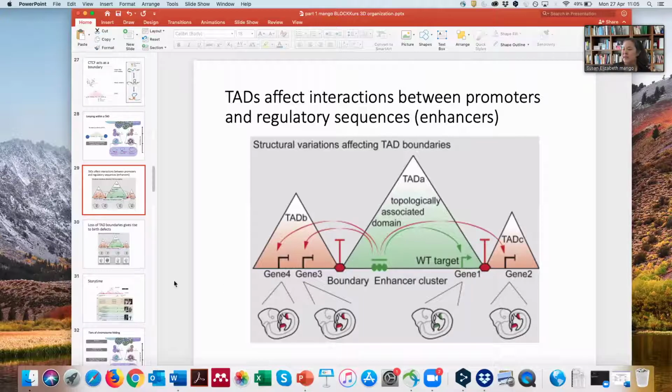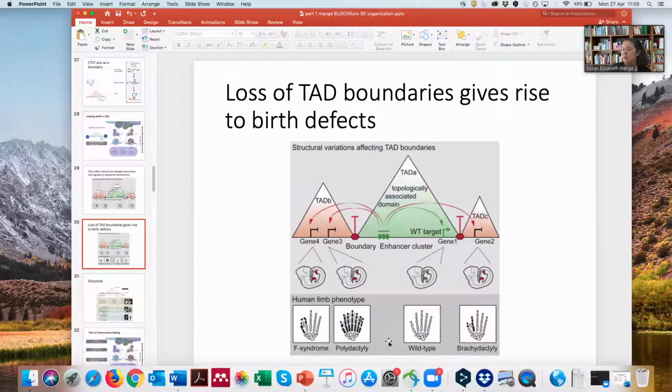Here again is the example of a region in the human genome of these genes that are very important for digits in limb development, and where it's important that the enhancer not talk to these other genes, and that's with these TADs.